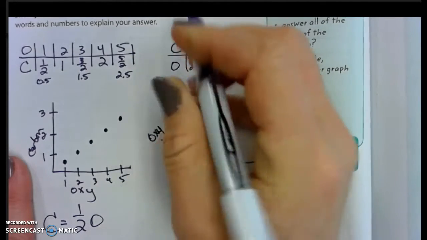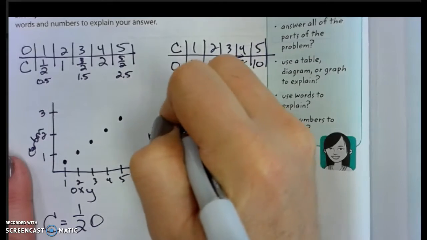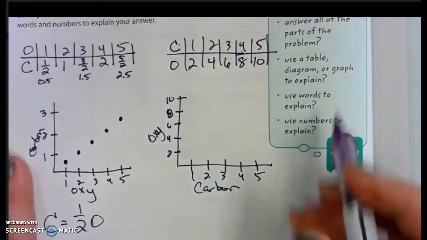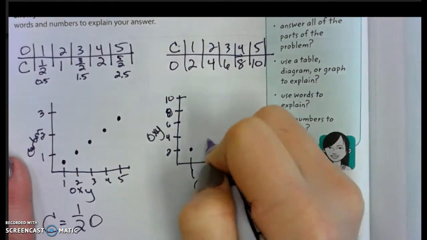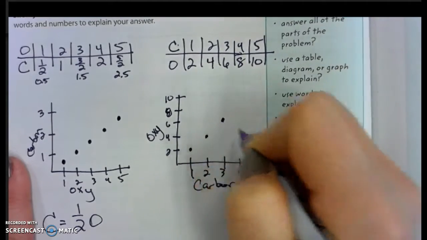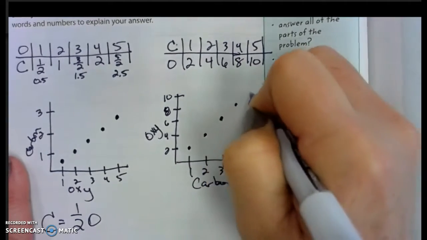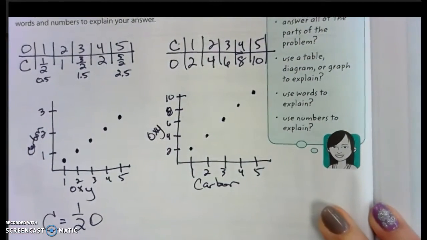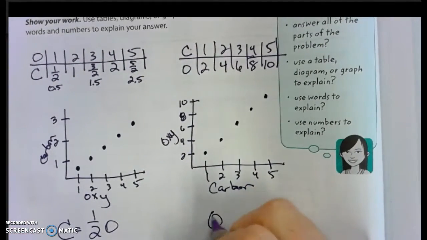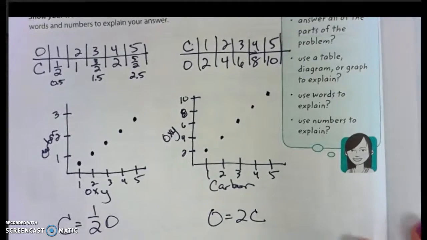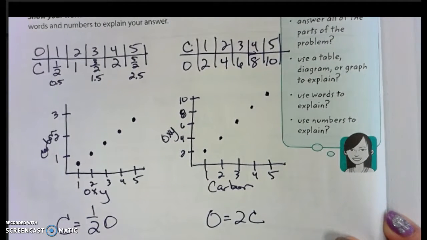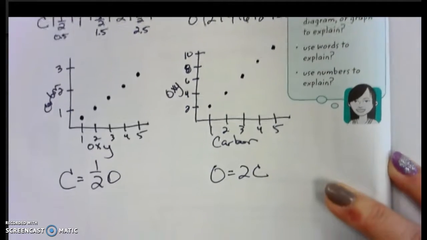Or you could just go by ones. It's totally fine. And then you would just graph them. 1 was 2, 2 was 4, 3 was 6, 4 was 8, and 5 was 10. And this was oxygen is equal to 2 times carbon. The last thing you had to do was describe the relationship.